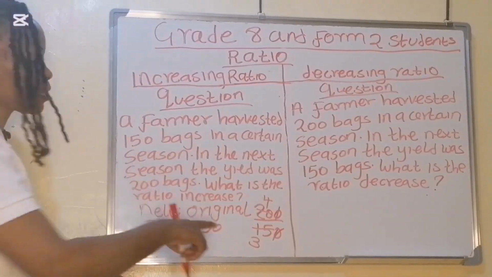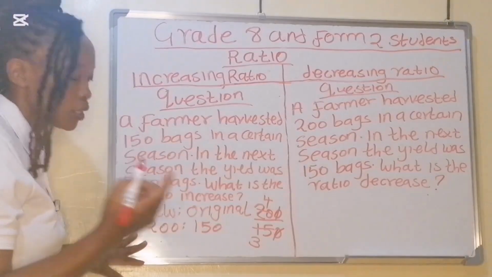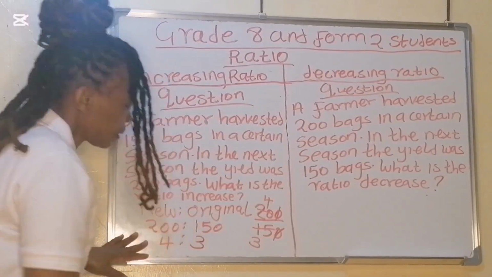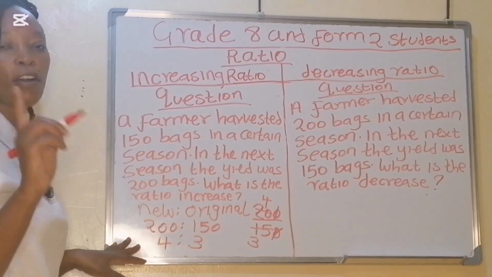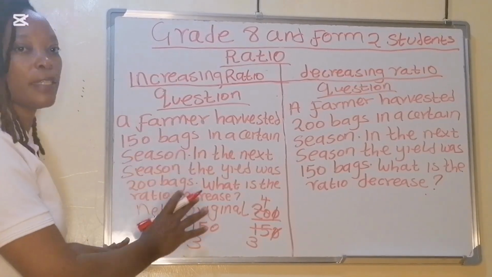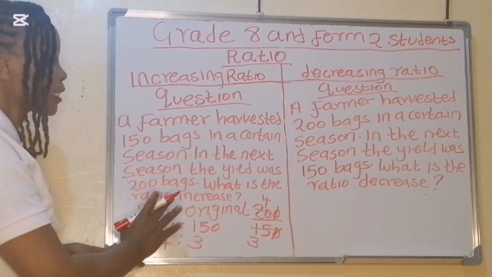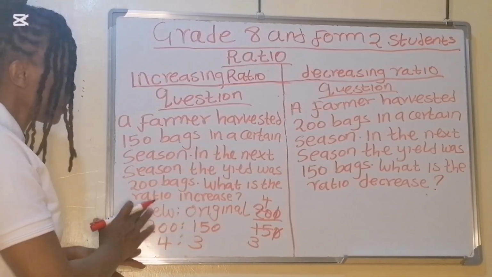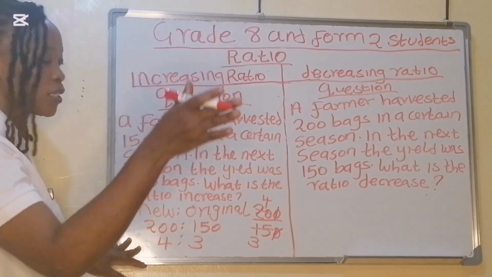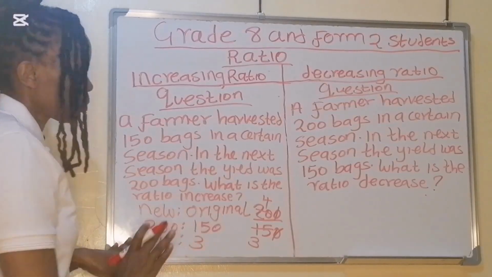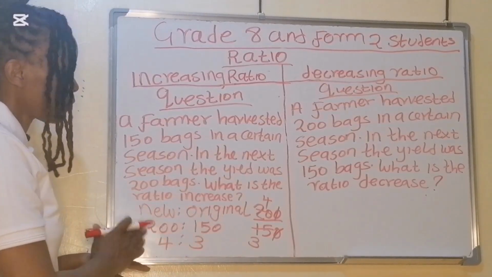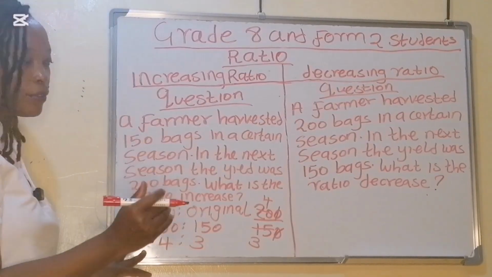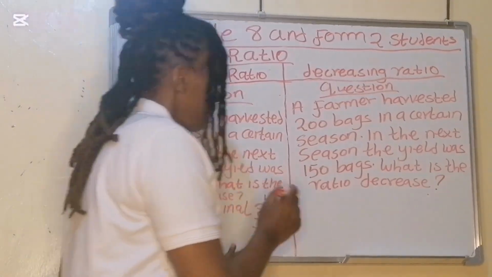Then you convert this fraction into a ratio, you get 4 is to 3. The only concept you need to understand here is that in increasing ratio, we start with new, then original. The new is 200 in the next season, then the original is 150. So our ratio will be 4:3. I just simplified the ratio 200 is to 150.